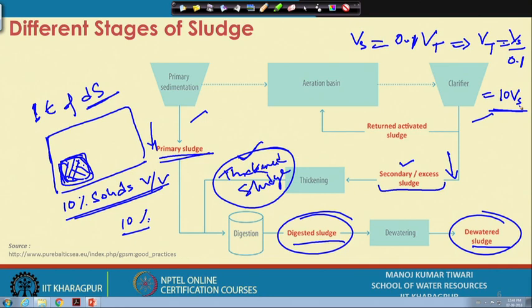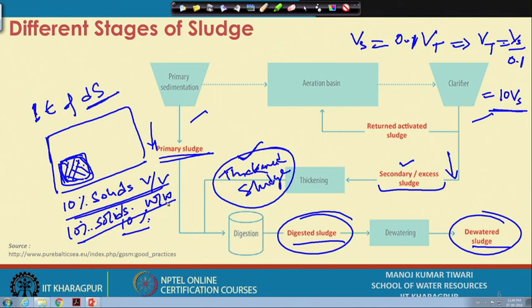Now, in the same way, let us say we have 10% solids again, but not by volume, but by weight, as in weight by weight percentage 10.